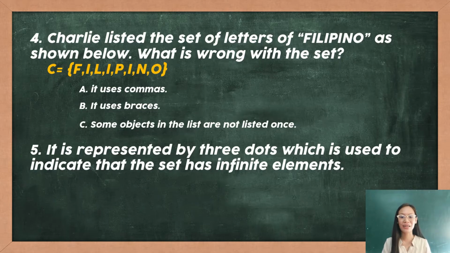Number 5. It is represented by 3 dots, which is used to indicate that the set has infinite elements. A. Ellipses. B. Braces. C. Subset.